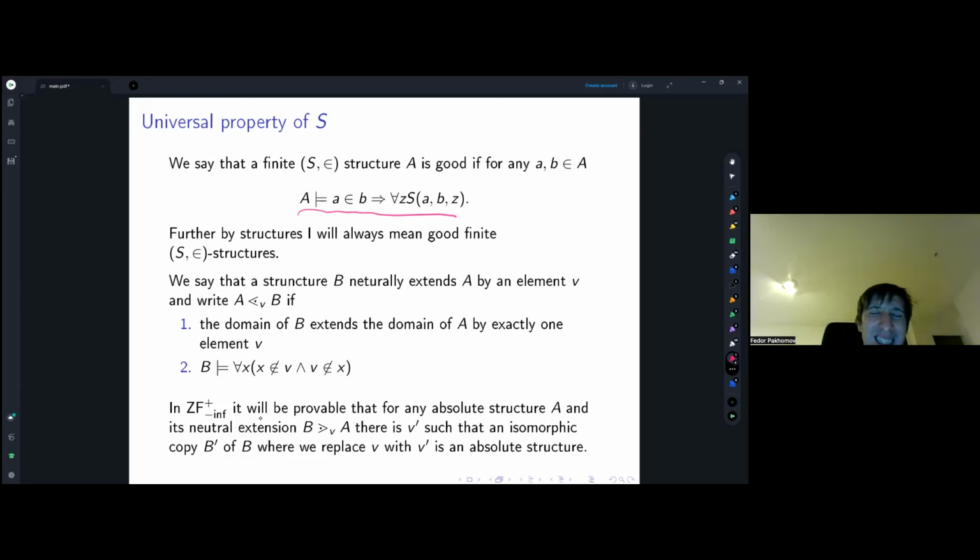Next, I have this notion of neutral extension. We say that the structure B neutrally extends structure A if it has exactly one additional element in the domain, this element V. What I demand is that this additional element V is membership-independent from the rest of the structure.